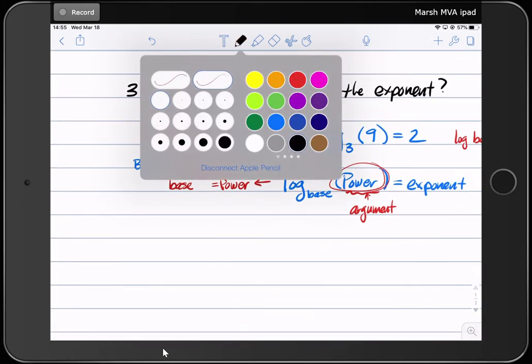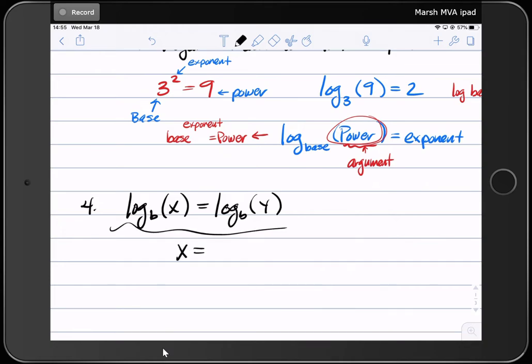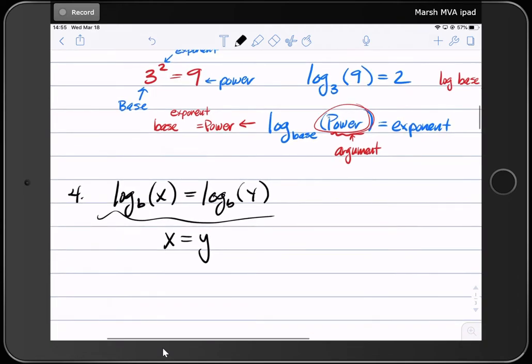All right, so now it must also be true then, I think we're on point number 4, that if I have a log base b of x and it's equal to another logarithm, also the same base, of y, the only way that this is true is if I have a new equation of x equal to y. But there's some restrictions here too.